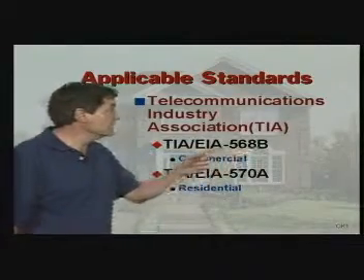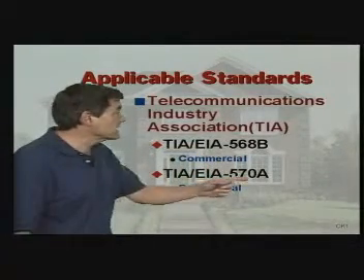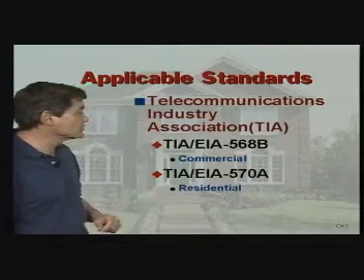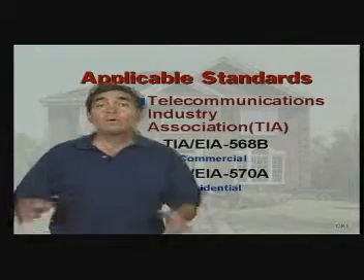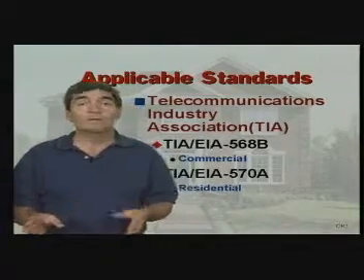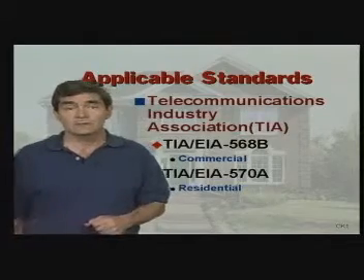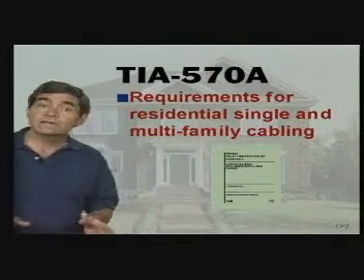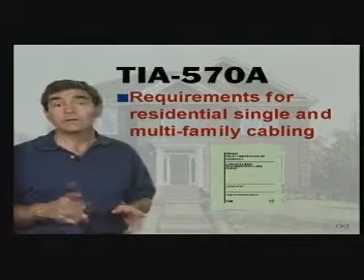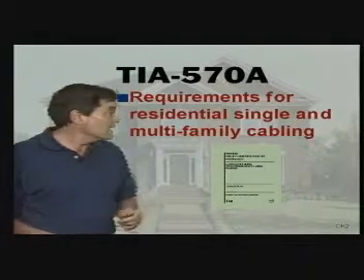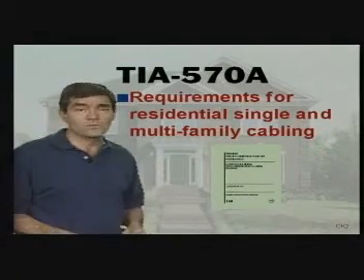TIA 568 is for commercial buildings, and TIA 570 is for residential buildings. They address the requirements for cable, hardware, the design, and installation. TIA 570 covers residential, single, and multifamily installations and concerns us directly in this course.